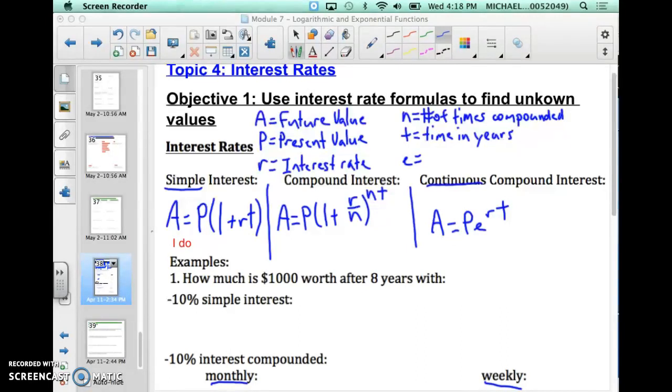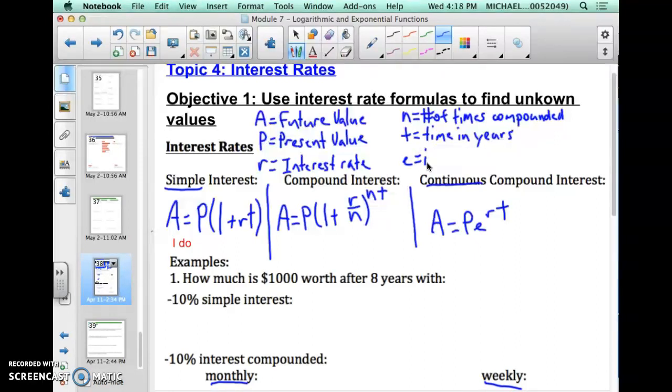It's irrational, so I'm just going to put an irrational number, 2.71828 and so on. The decimal goes on forever. It is used in mathematics. It is the base of the natural log, so you've heard about that a little bit in this module already. But just know that E is its own number. It's not technically a variable, it's a number.